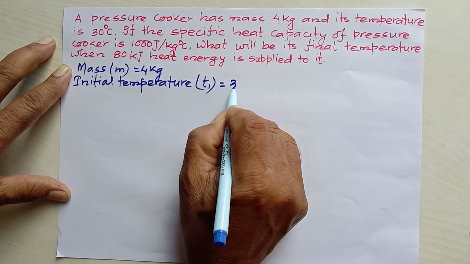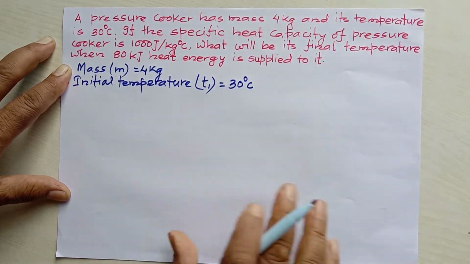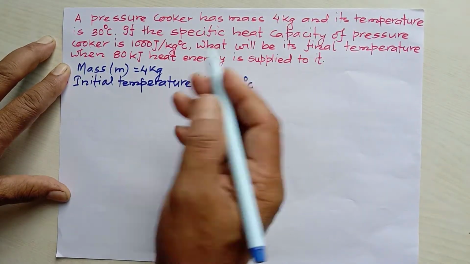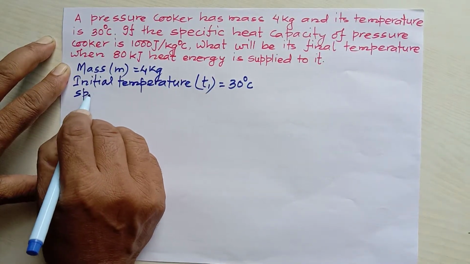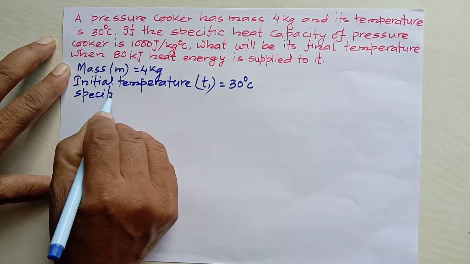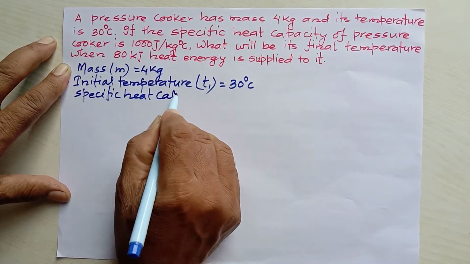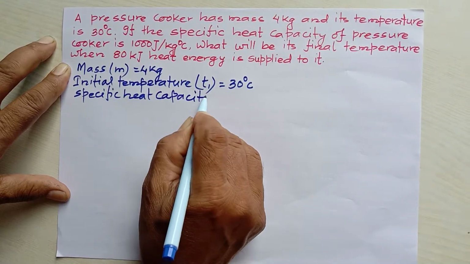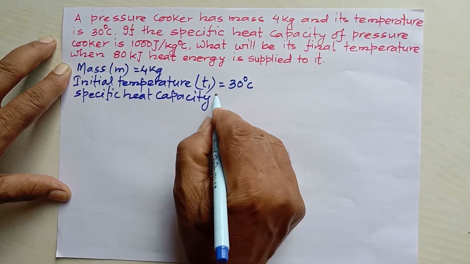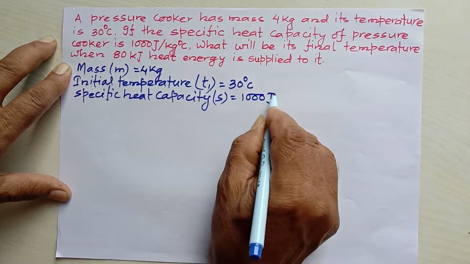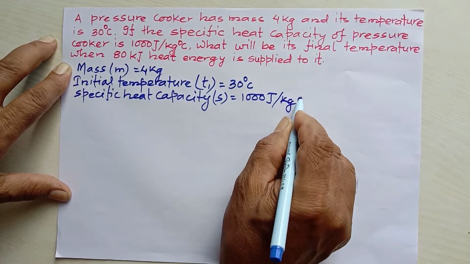This is equal to 30 degrees Celsius. If the specific heat capacity of the cooker is 1000 joule per kg degree Celsius, specific heat capacity, which is denoted by S, is equal to 1000 joule per kg degree Celsius.